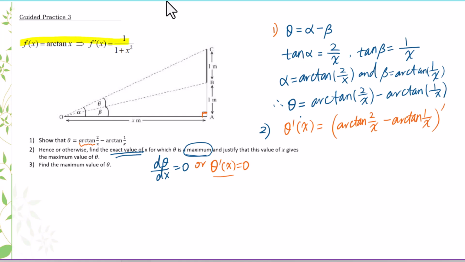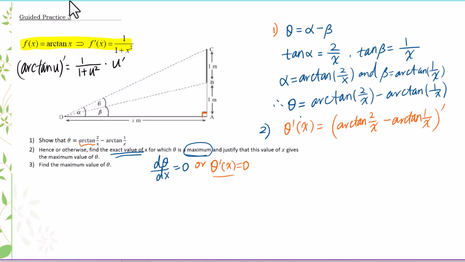This formula is given in the formula booklet. From this, we can figure out the derivative of arctangent u equals 1 over 1 plus u squared times u prime.